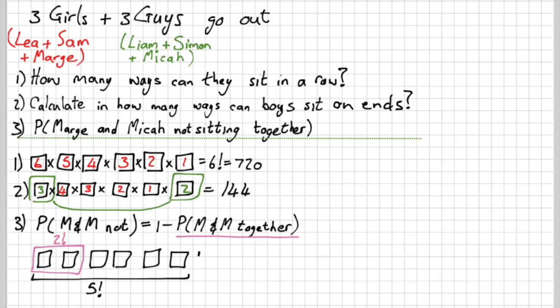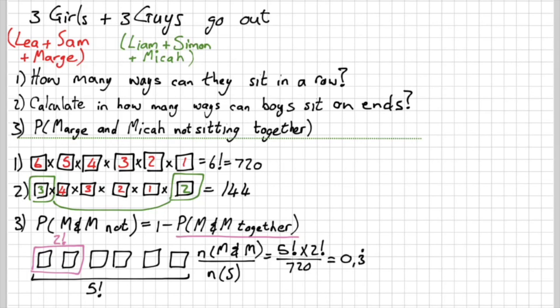So the number of ways that Marge and Micah can sit together is 5 factorial times 2 factorial. But that's still not the question. The question was probability. So to get probability, I divide by how many possibilities there are if there were no restrictions, and there are 720 different ones, which leads me towards 0.3 recurring.